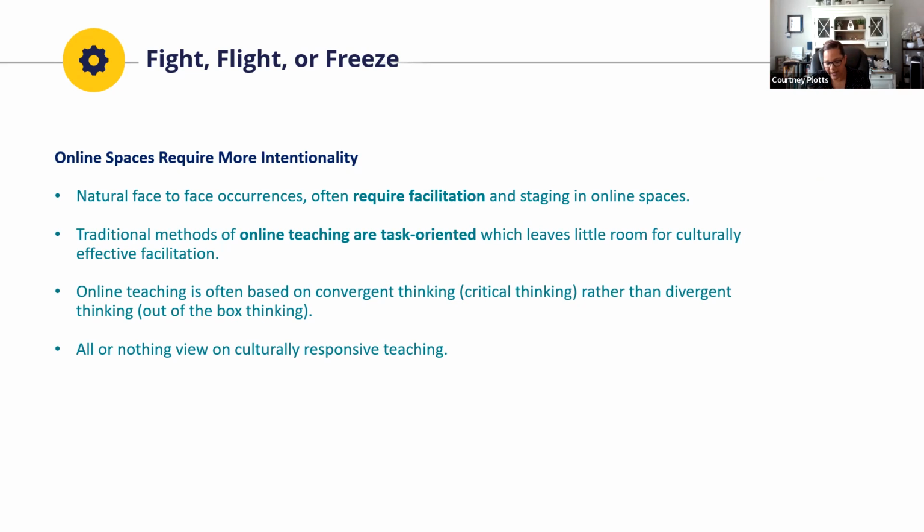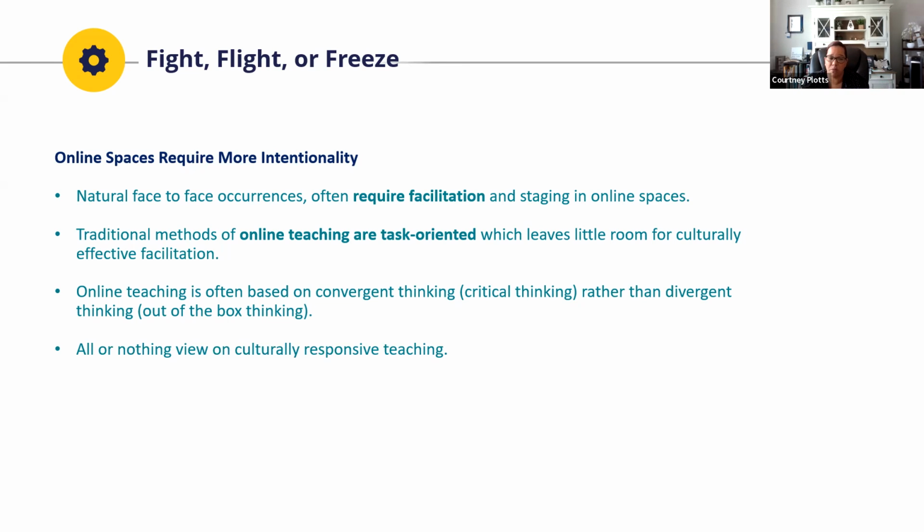Additionally, when you look at the development of online teaching, it's very transactional. So it's, you will complete a task and I will do a behavior that responds to that task. And in the literature as a whole, there's very little wiggle room for the actual pieces of culture and those differences.